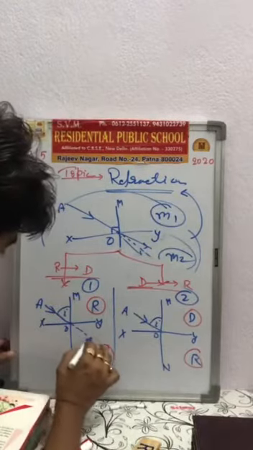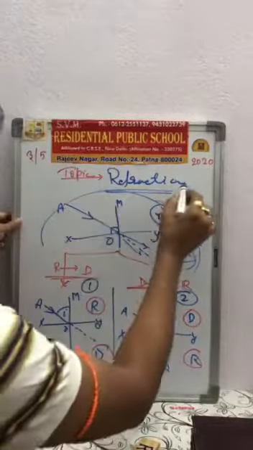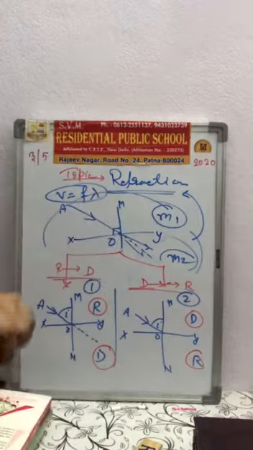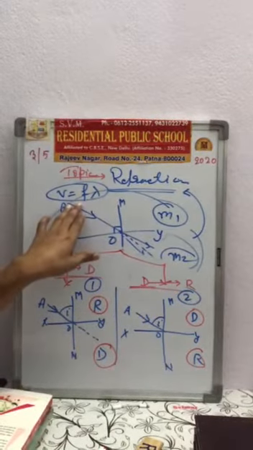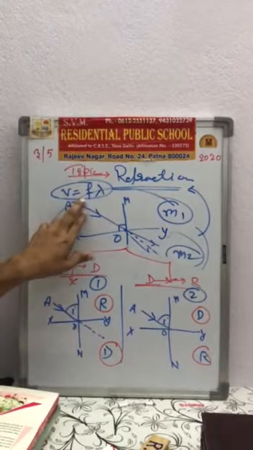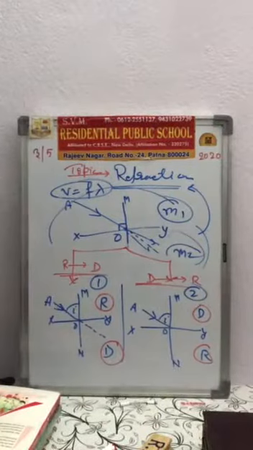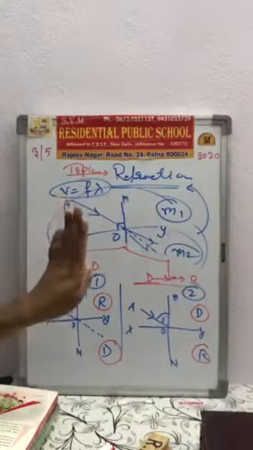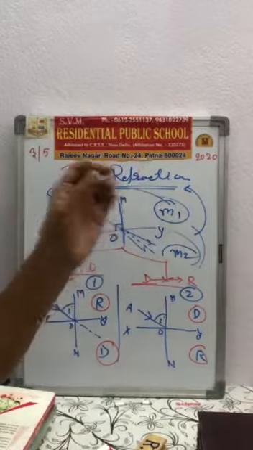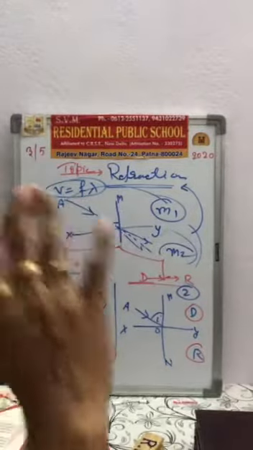When light passes from rarer to denser, we know the wave equation V equals F lambda. This equation is applicable for waves. V is the speed of the wave, F is the frequency of the wave, and lambda is its wavelength. We know that frequency never changes, even when light passes from any medium to another.